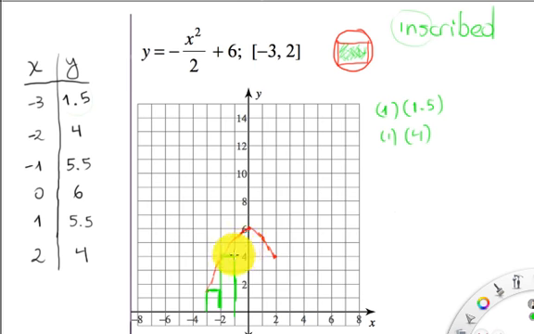Okay, so I'm actually going to go ahead and finish these. At -1 is 5.5. If I go to 6, then I'm going to come out, so I don't want to do that. I'm going to stay in here. And what I mean is, if I were to continue over here, I would have gone out, but I don't want to do that.